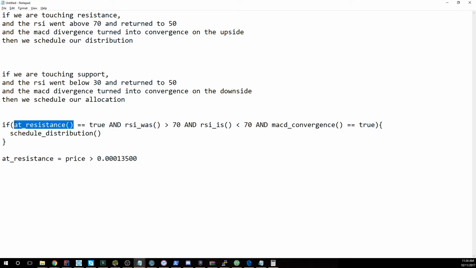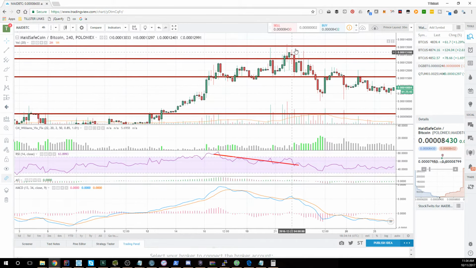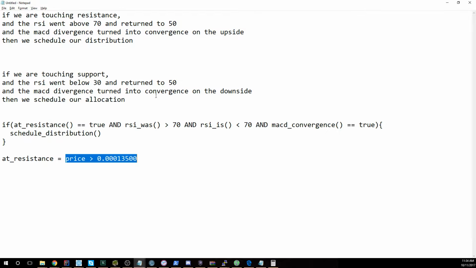Okay, what does it mean to be at resistance? Well, it means for the price to be above 3,500. Okay, above 3,500. Hey, we're at resistance. Congratulations, it's time to sell.